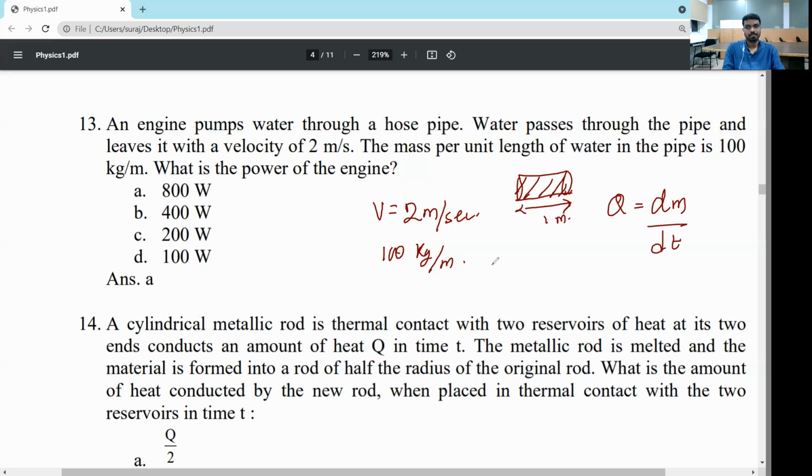Density is mass by volume, right? So mass will be density times volume. Volume is area of base into length. This is by dt. This is V.